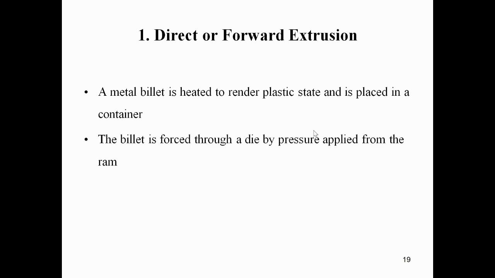The hot billet is forced through a die by the application of pressure from the ram. During the operation, the container and the die are stationary, and the billet moves relative to the container.